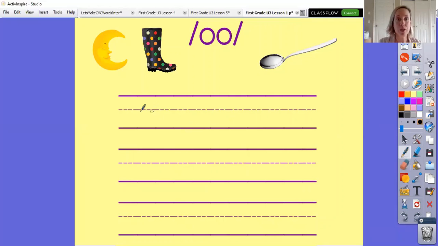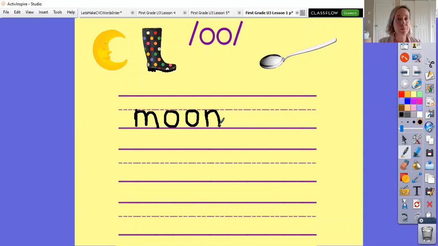So my first sound is the M sound, and then I have the ooh, which is the 2 O's. And then what's the last letter we hear? M, ooh, n, the letter N.